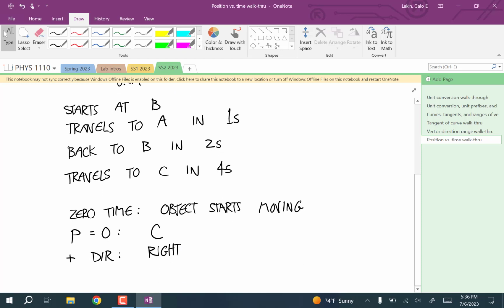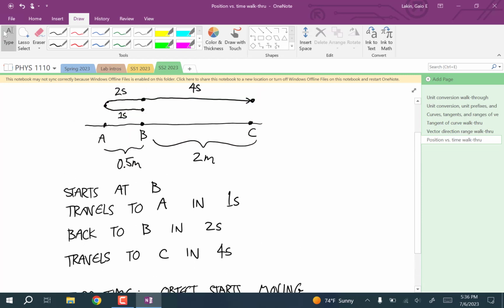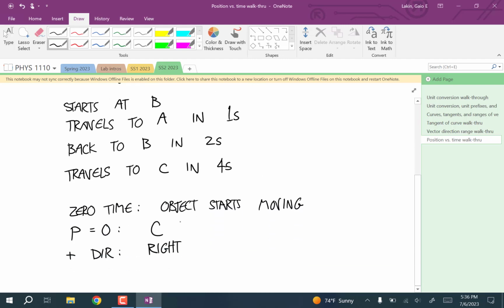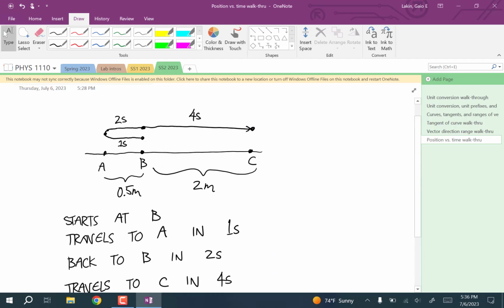By making different choices of these things, the labels on the positions of these different points and the different time instants would change.